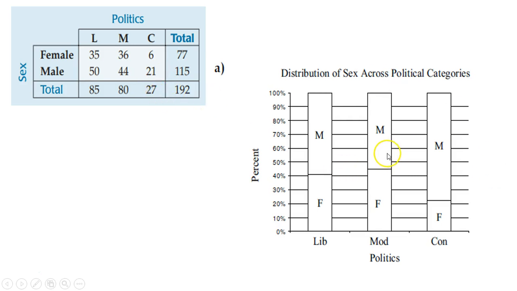And it says distribution of sex across the political categories, whether they are conservative, liberal, or moderate, basically is what that's standing for. And it seems that most men appear to be more conservative when you just kind of roughly scan this graph.